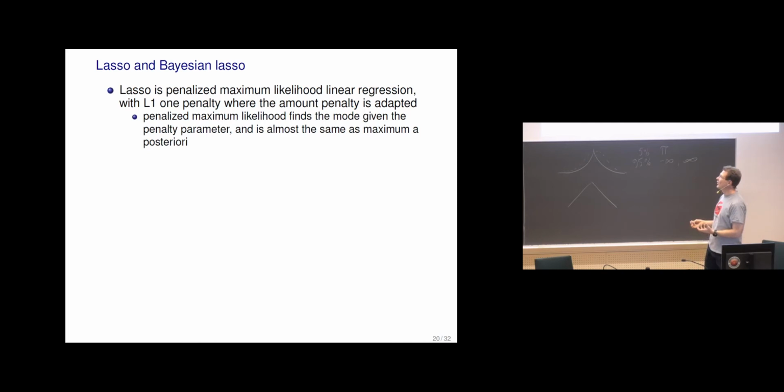In the original Lasso, because it's using penalized maximum likelihood, it finds the mode given the penalty parameter, and finding the mode of the penalized maximum likelihood is the same as maximum a posteriori, but this mode finding is important for the original Lasso.